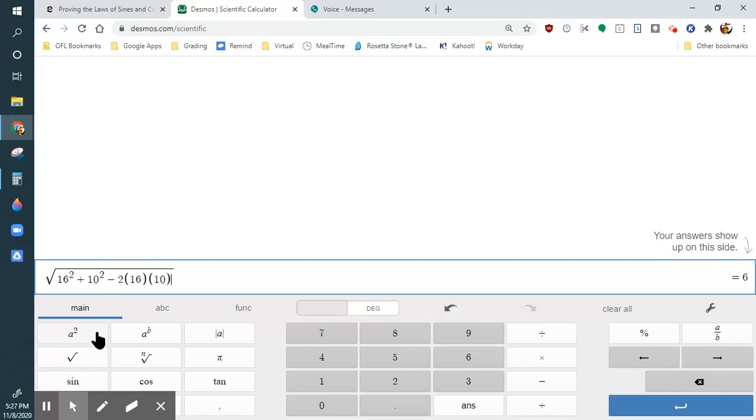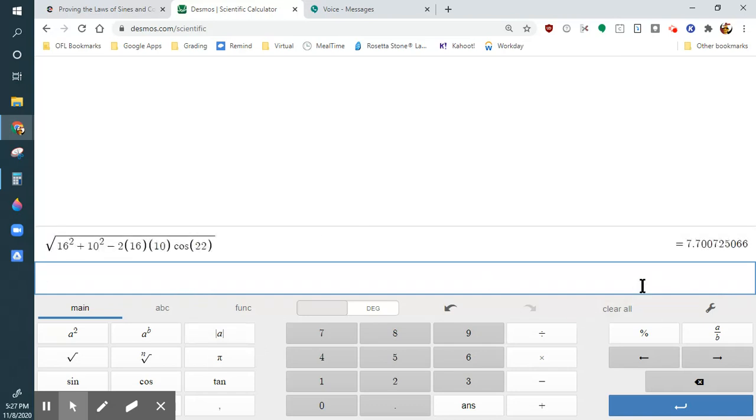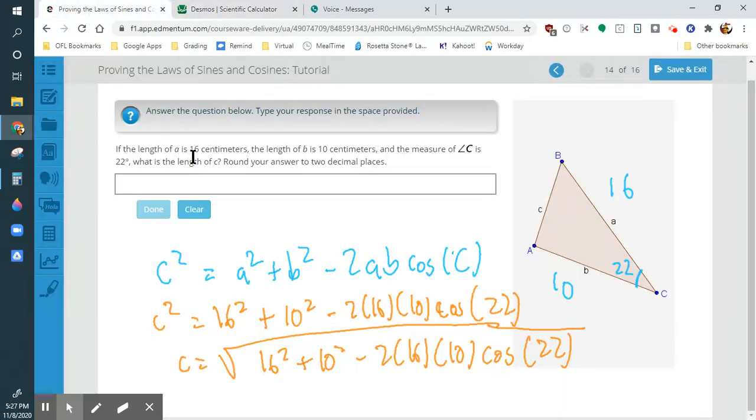This is just to show that I'm multiplying. Cosine of 22 degrees. I really like the Desmos calculator because if you type the word cos in there, it knows it's cosine. And that's going to give us 7.7. So this is about 7.7.